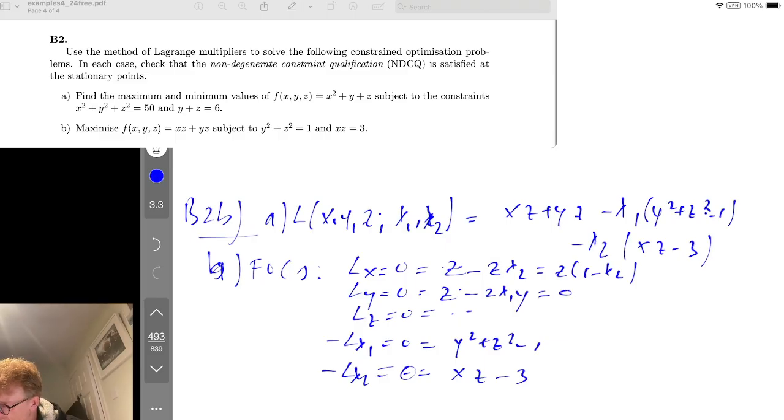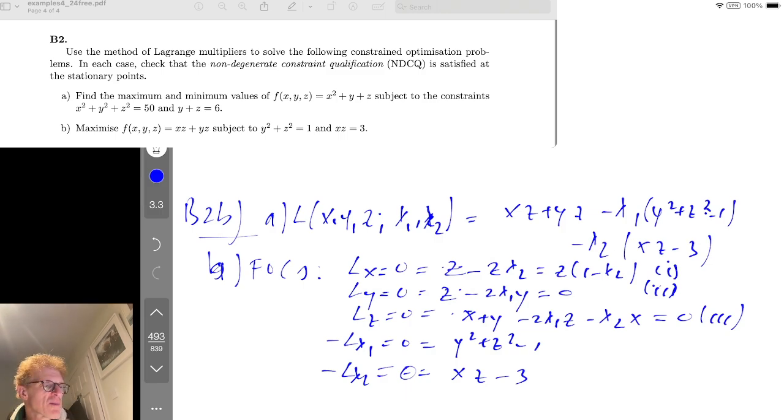Yes, so that doesn't give us something nice yet. That's 2. The L derivative with respect to z is x plus y minus 2 lambda 1 z minus lambda 2 x is 0. That's a big one, minus lambda 2 x. So this is 4, this is 5.